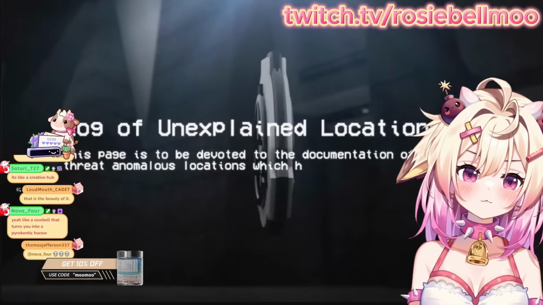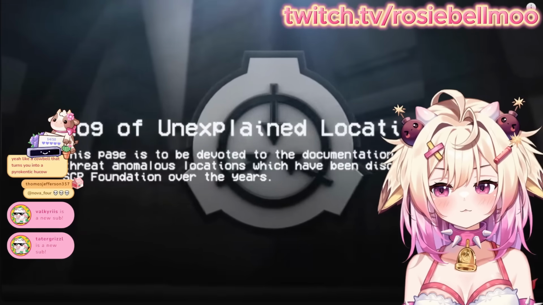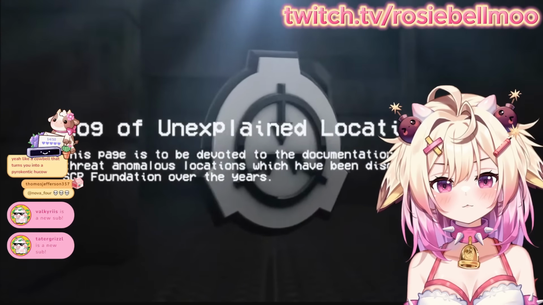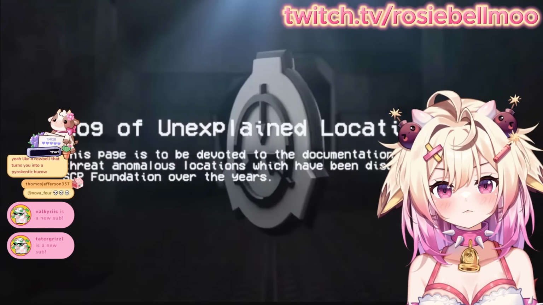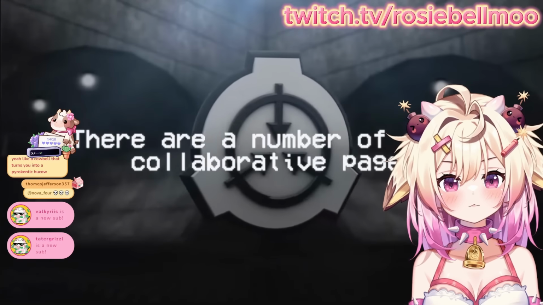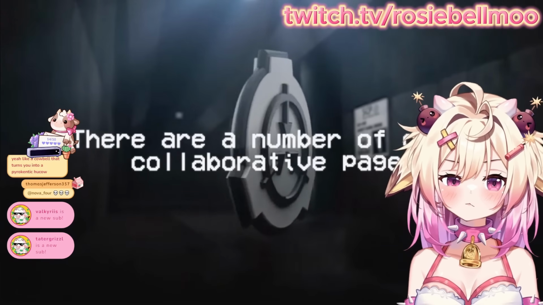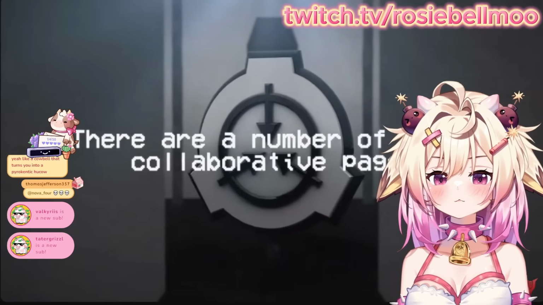And finally, Log of Unexplained Locations. This page is to be devoted to the documentation of low-threat anomalous locations which have been discovered by the SCP Foundation over the years. There are a number of other collaborative pages, usually SCP supplements or logs. Keep in mind that guidelines for contributions still apply though.